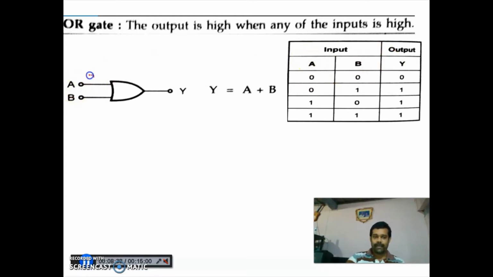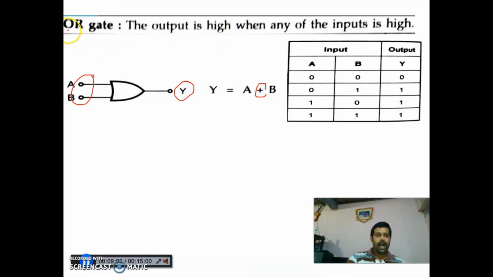Here also you have two inputs A and B and one output Y. I already told you that if you have two variables, you will have four combinations: 0 0, 0 1, 1 0, and 1 1. And this plus indicates the OR operation.